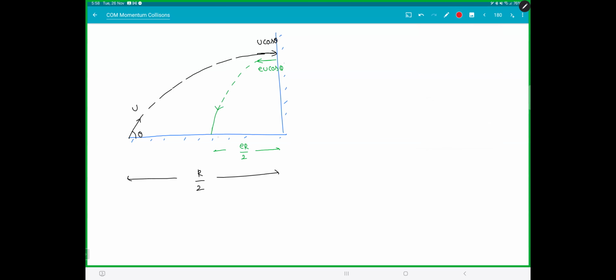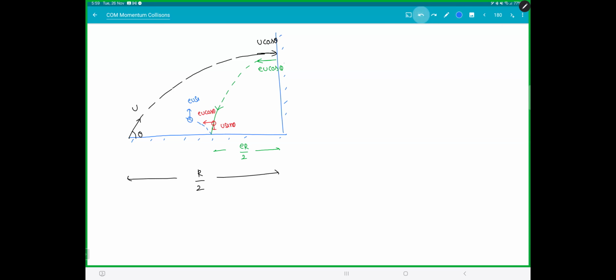Now, when you're landing back on the ground, if you look at your velocities, your horizontal velocity is eu cos theta. Your vertical velocity is u sin theta. After collision, your velocity vertically will become eu sin theta. Horizontal velocity will be eu cos theta.